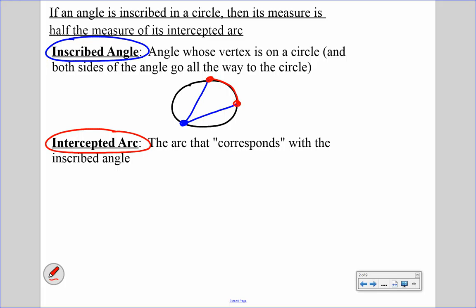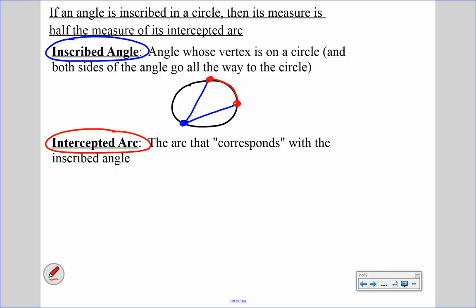Remember, at the last lesson, we had a central angle. And a central angle, the vertex was on the center. Now we have an inscribed angle. And an inscribed angle, the vertex lies on the circle.